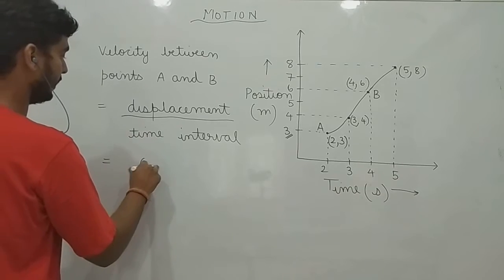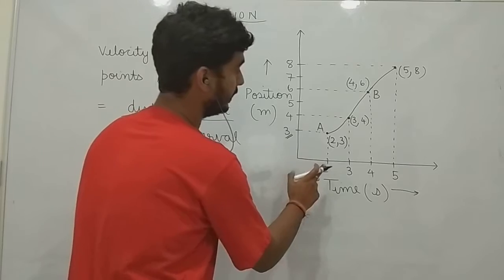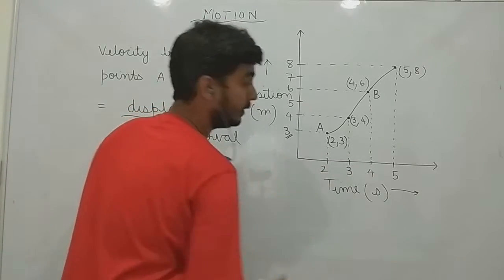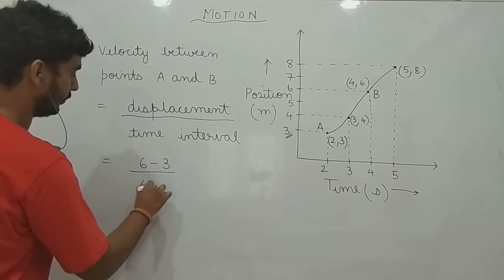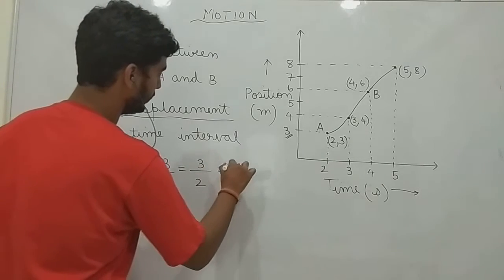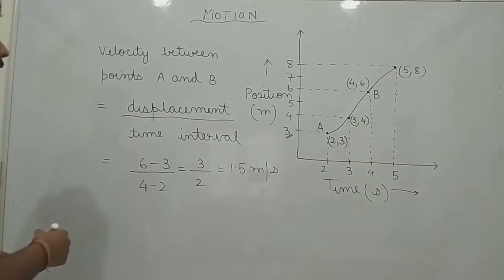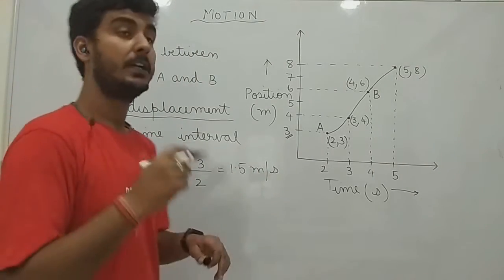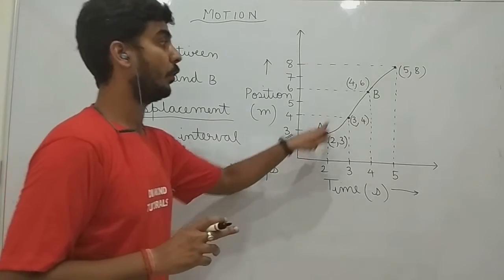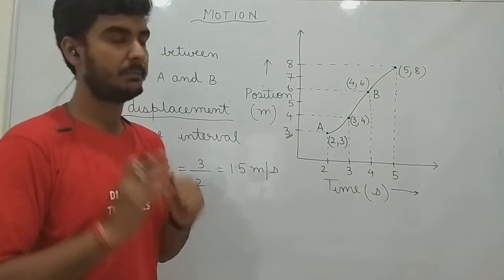So displacement is final position minus initial position, and the time interval is from 2 to 4 seconds, so 4 minus 2 is 2 seconds. So 3 divided by 2 is 1.5 meters per second. This is how we calculated the velocity of an object between point A and B from the data available from the position time graph.